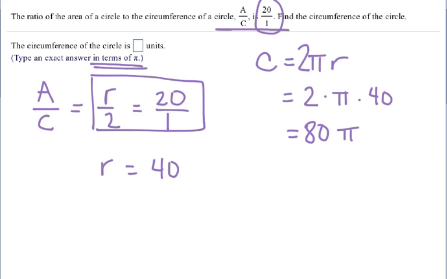No labels were given in any of the problem, so notice how they just put the word units at the end. So if no labels are given in the problem, you would write the word units. And we're talking about circumference, so it's not square units. And that's your answer.